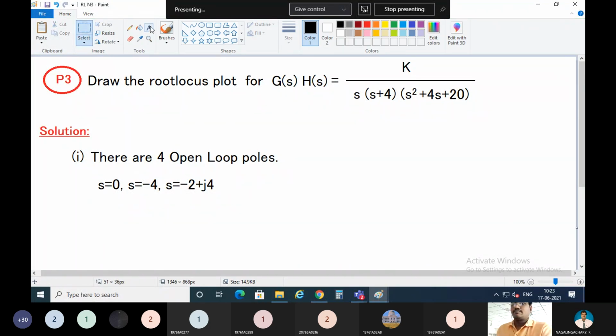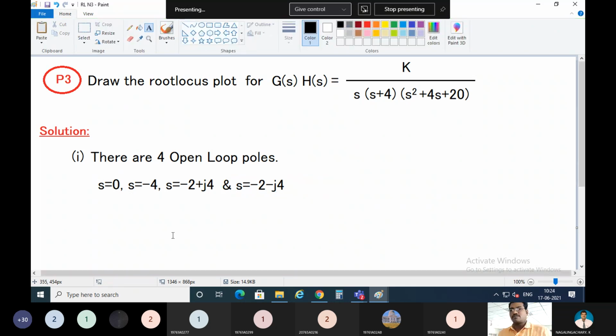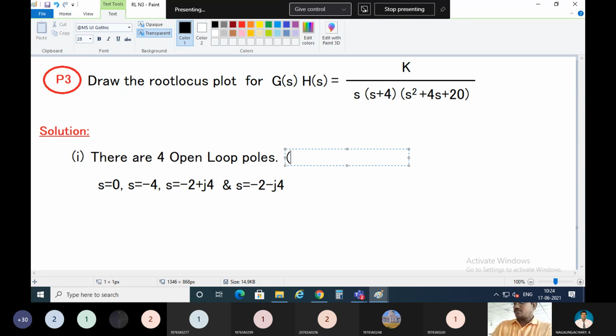We will check it. So there are 4 open loop poles, so here P equal to 4.